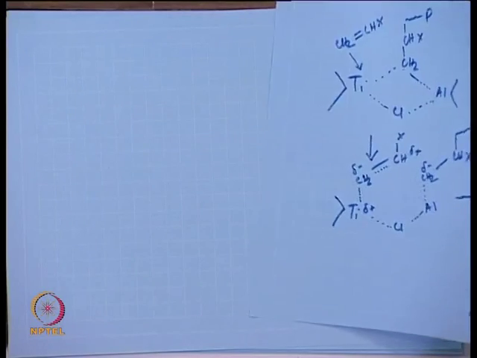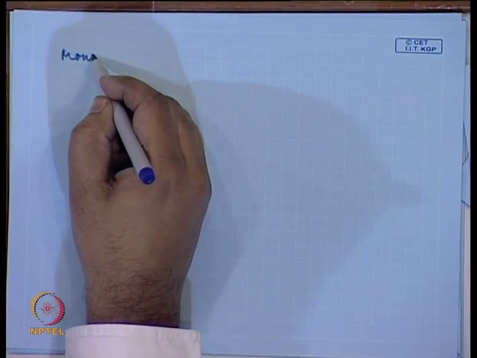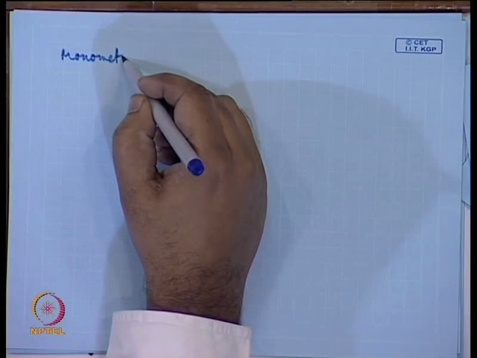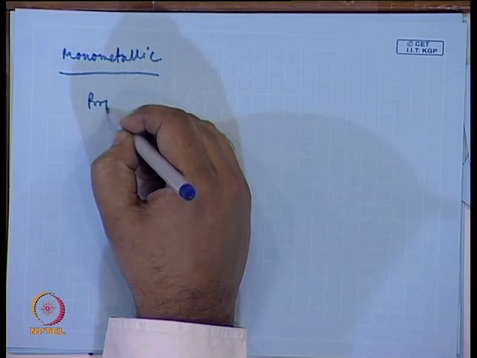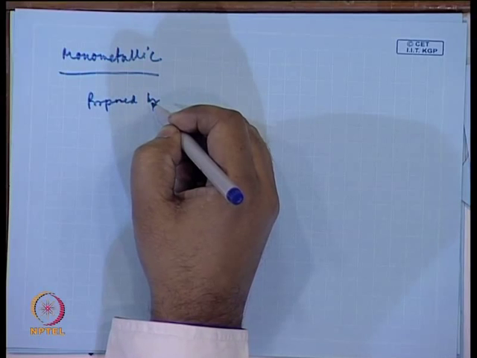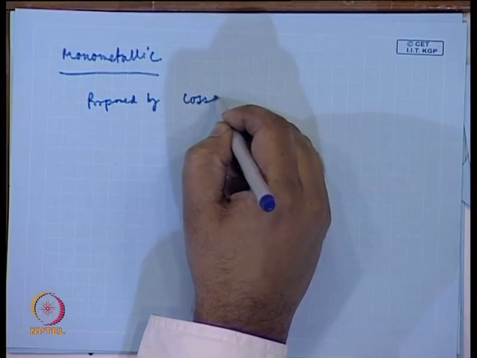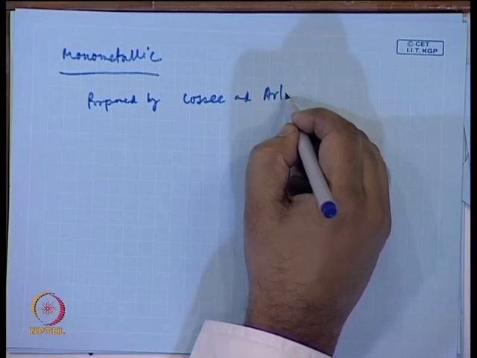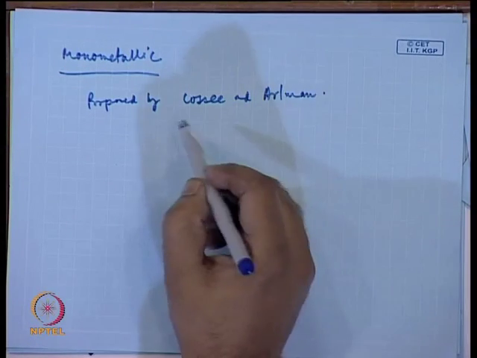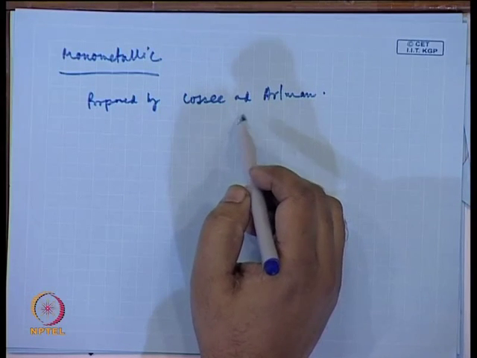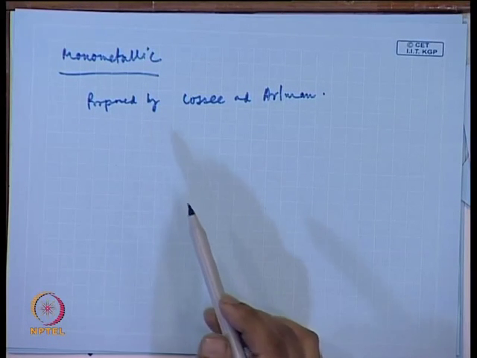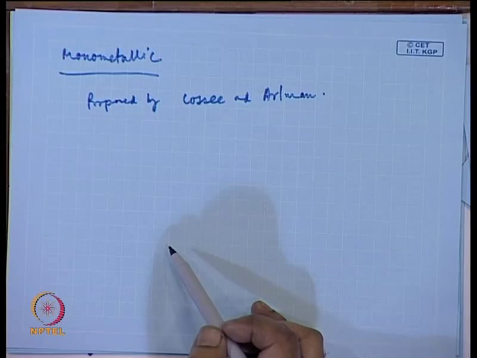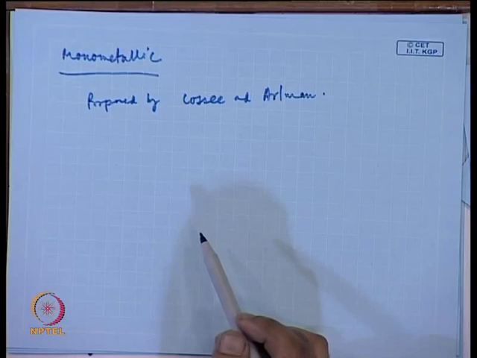Now, the second mechanism, which is monometallic, was proposed by Cossee and Arlman. In this case, a vacant d orbital present in the transition metal is the main source of catalytic activity, and the chain growth occurs in the titanium alkyl bond.